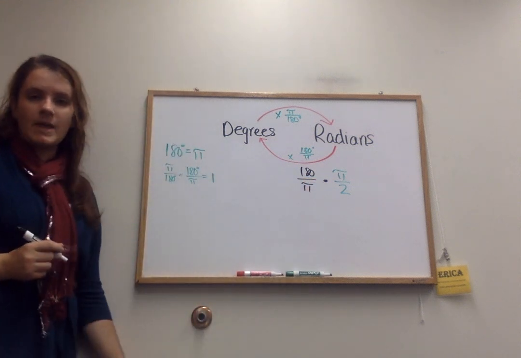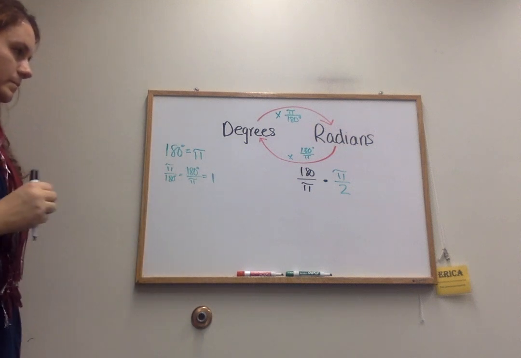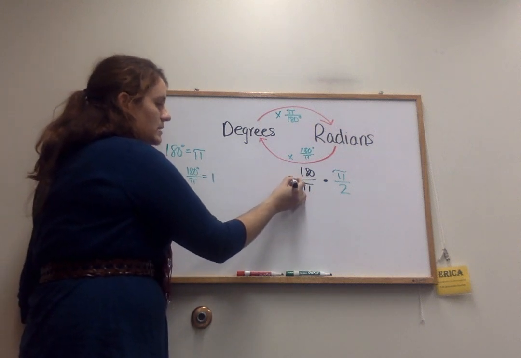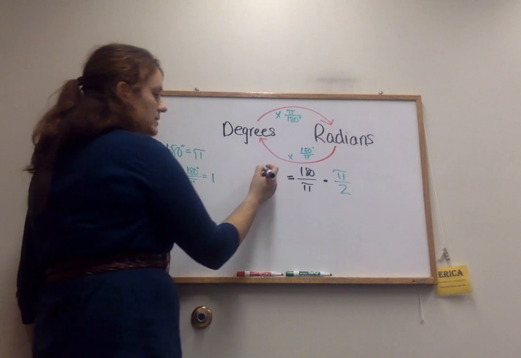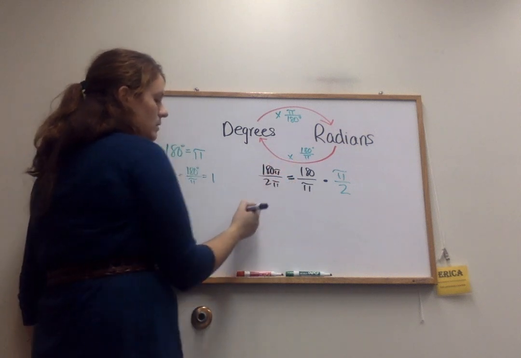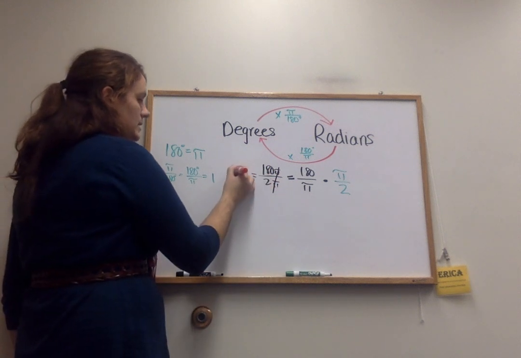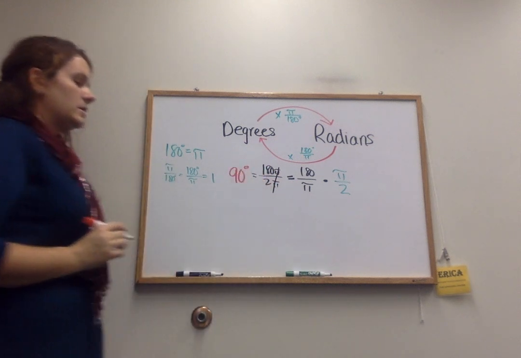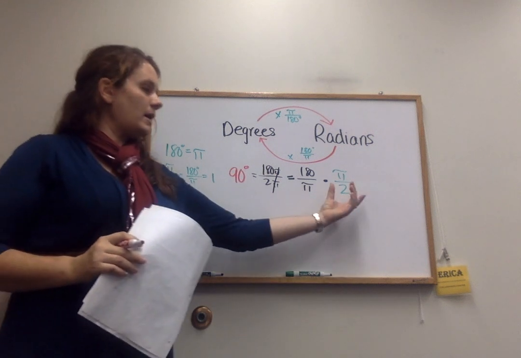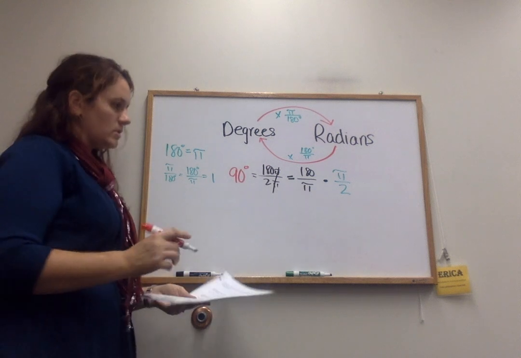I know this is going backwards, just trying to keep the order the same. When we multiply this, again, we go straight across. So it's going to give us 180 pi over 2 pi. Well, the pi's will cancel, and 180 divided by 2 is 90 degrees. Okay, so pi over 2 in radians is the same thing as 90 degrees, and that's one of our quadrantal angles.